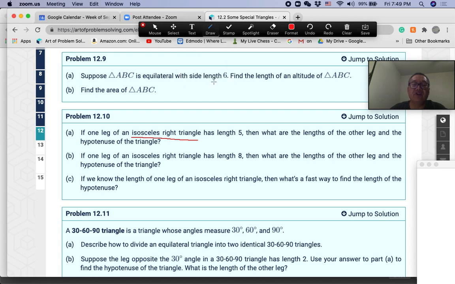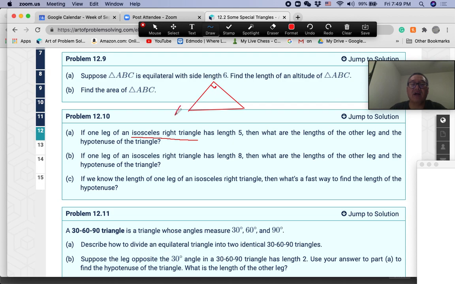To draw this, that means you have two sides of this right triangle that are the same. Now suppose this angle is a right angle.